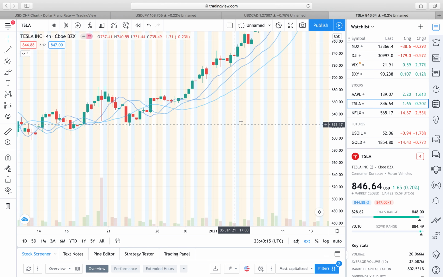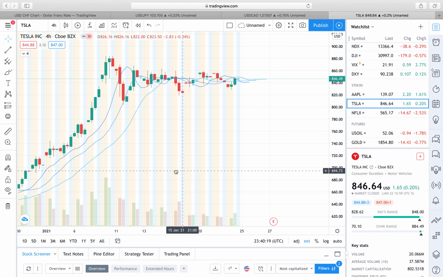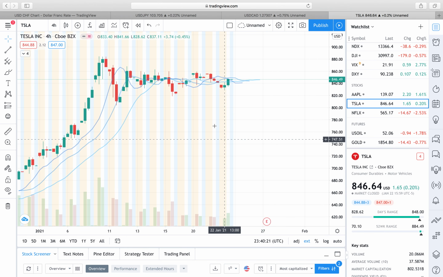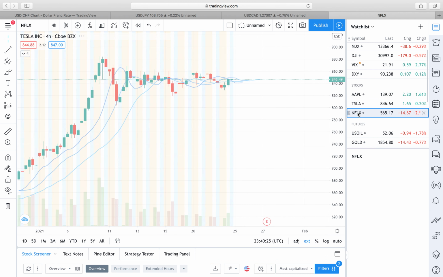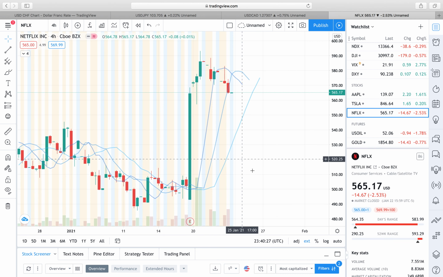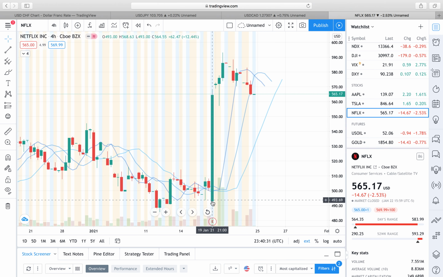Oh wow. Oh my gosh. Look at Tesla right here. Ooh, I'm gonna say sideways for a little bit. And then here's Netflix. Oh wow. Look how much that candle was pulled up.